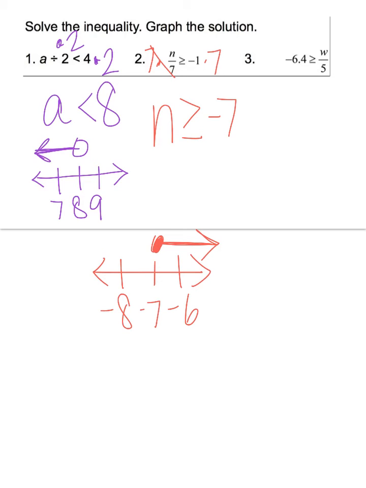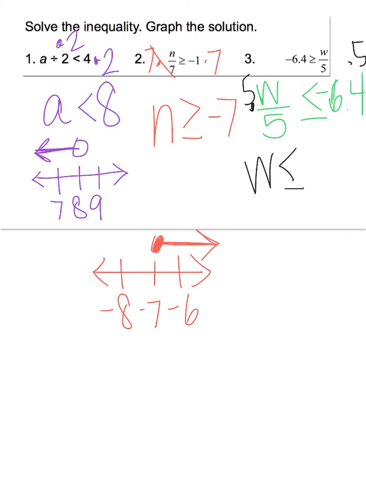So the first thing I'm going to do is rewrite this as W over 5 is less than or equal to -6.4. So that way my variable is on the left. Then I'm going to multiply by 5, and I get W is less than or equal to negative 3.2.